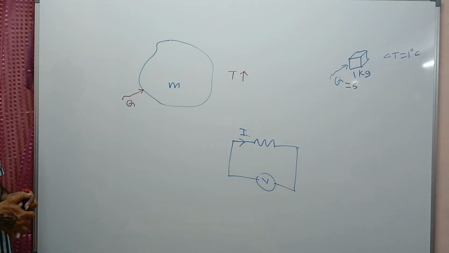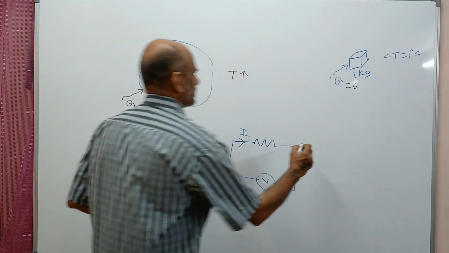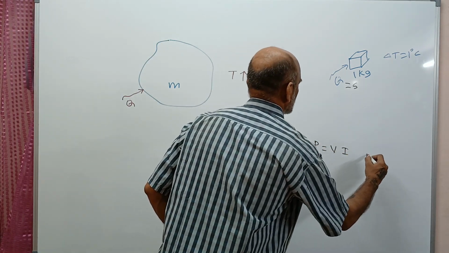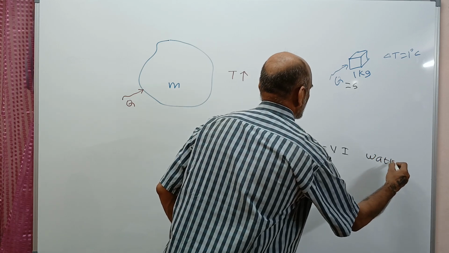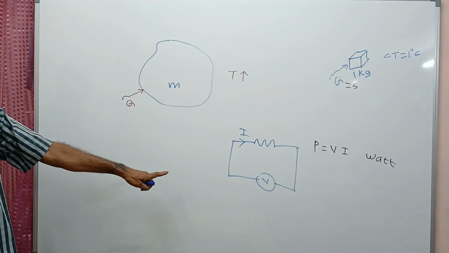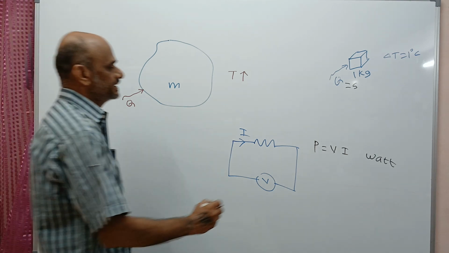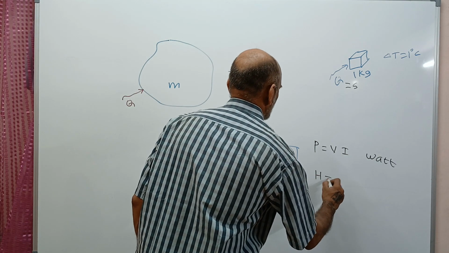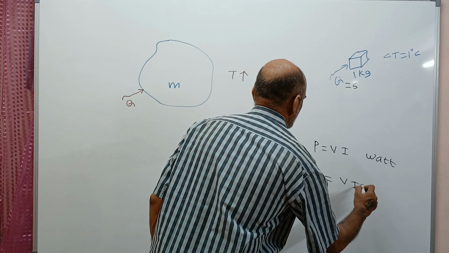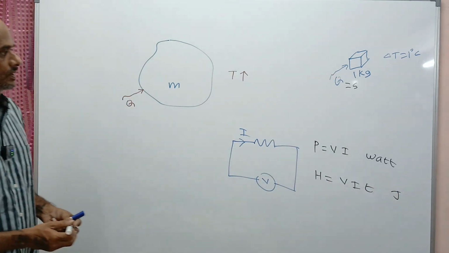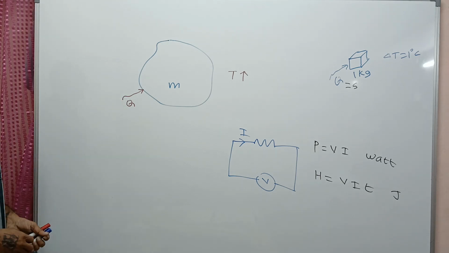So the power dissipated by this resistance is in SI units watts. If you use this electric heater to heat this body for an amount of time t, then the heat energy we get is power into time, this many joules.